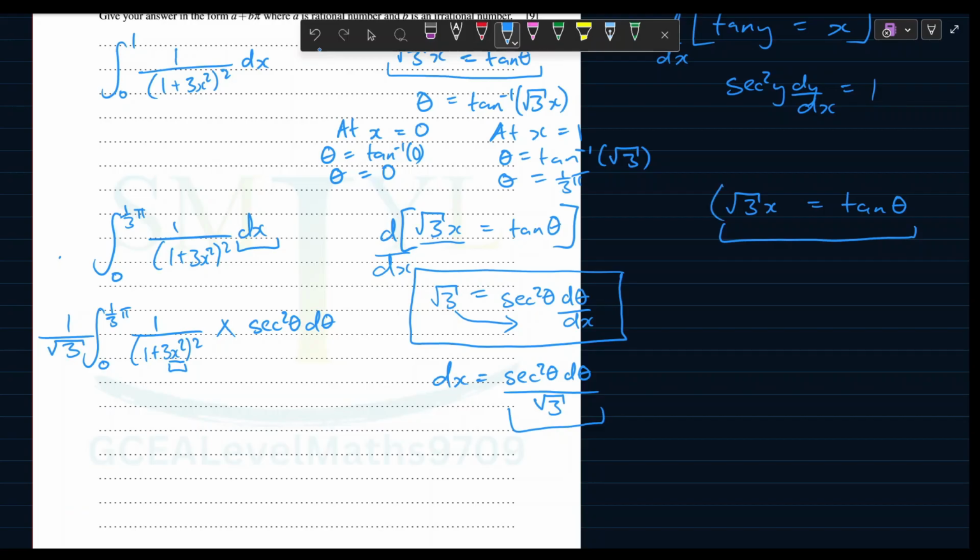To do that, we have to square both sides. So when you square, be careful here, root 3 squared will be 3 and then x squared is equal to tan squared theta. Or in fact, we can replace the whole of 3x squared because here we've got 3x squared is tan squared theta.